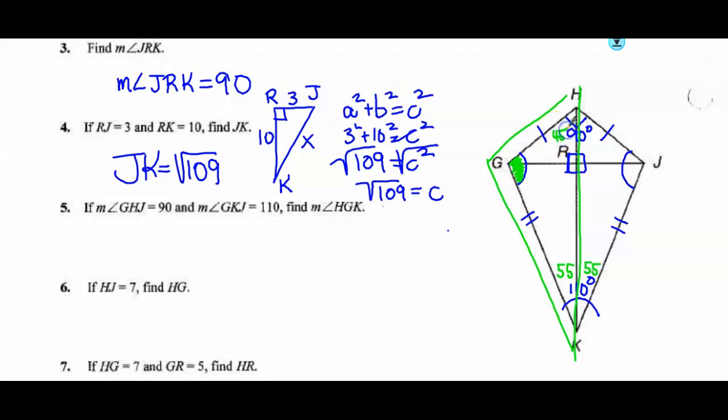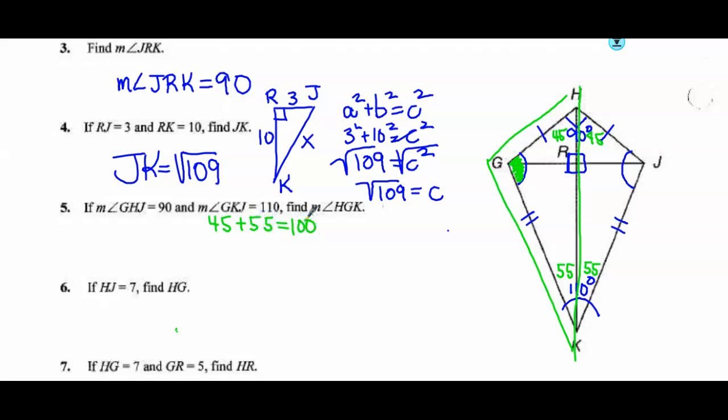45 here and 45 here. So if we want to find HGK, we would take 45 and add 55 and get 100.